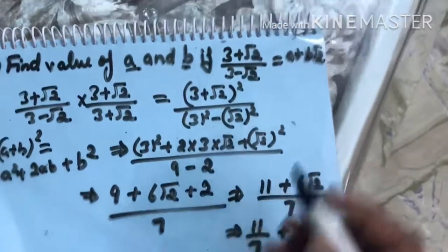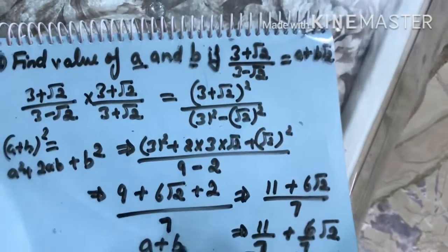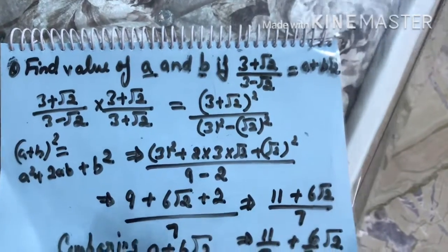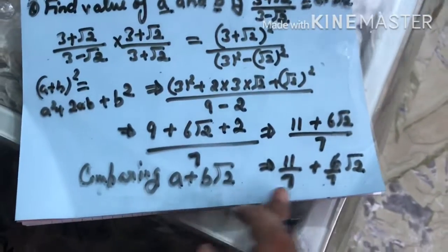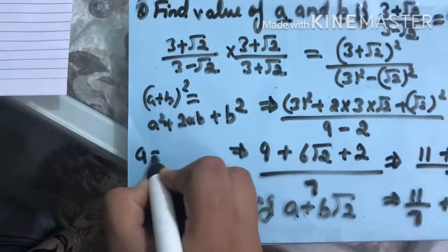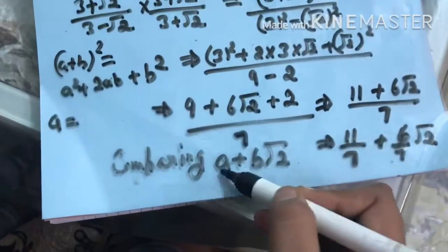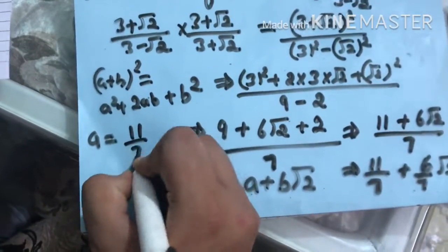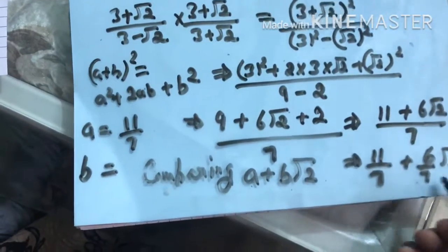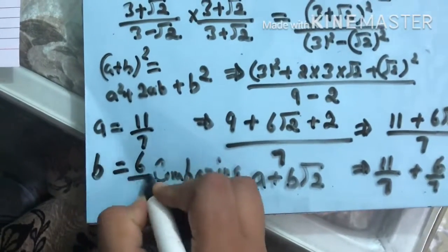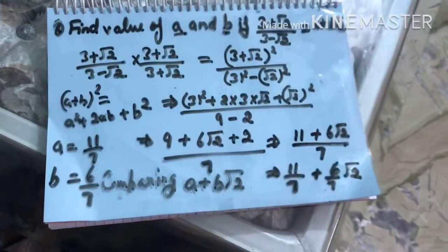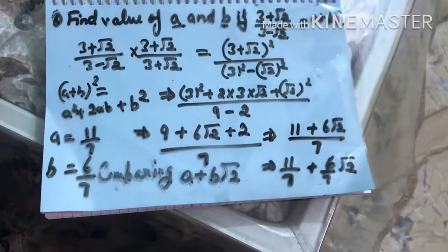Now comparing this with a plus b root 2, comparing a plus b root 2 with our final answer, the value of a becomes 11 by 7, and the value of b, the term with root 2, is 6 by 7. So that is how we are going to find the values of a and b.